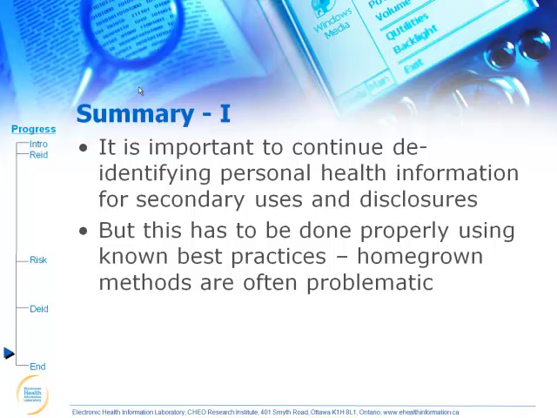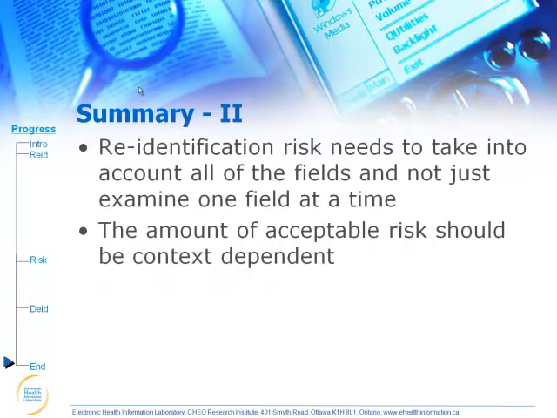So it requires tremendous skill to launch these re-identification attacks, because they often require inventing new techniques to do so. And then it's important to, as I mentioned before, take into account all the fields and to follow a good methodology for choosing your acceptable risk.